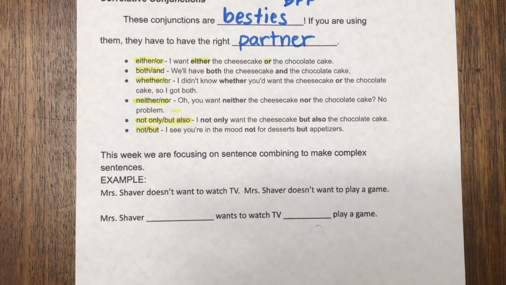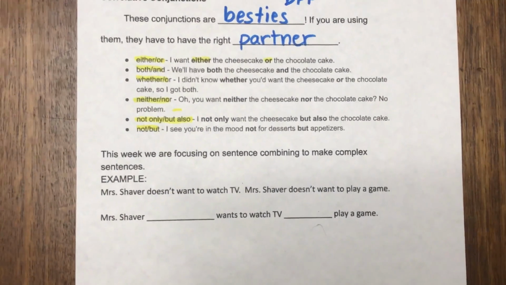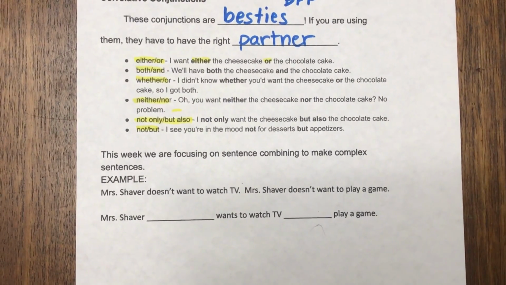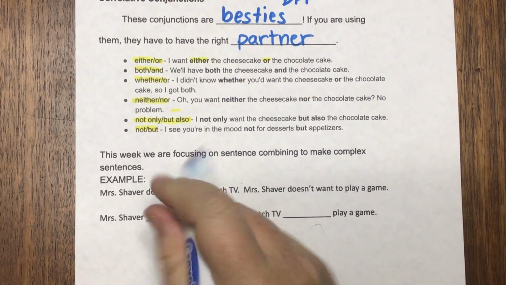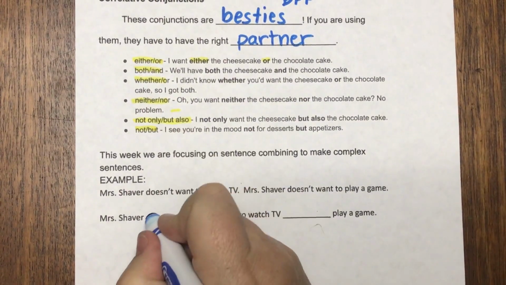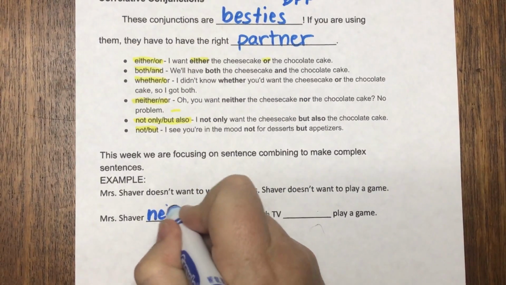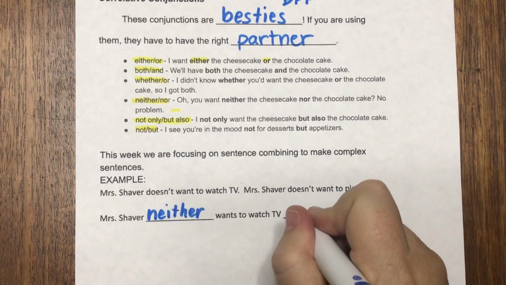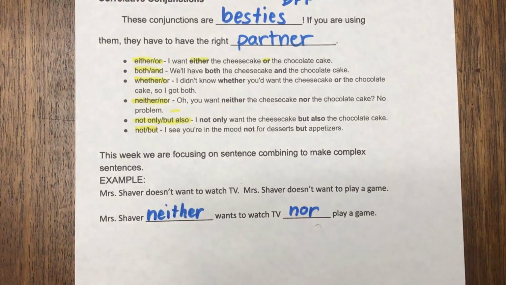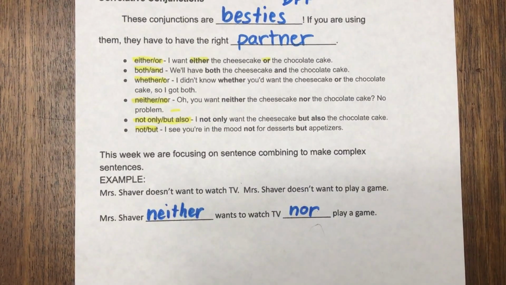Mrs. Shaver doesn't want to play a game. And then they'll ask, what's the best way to combine these two sentences? I'm going to use the negative one: Mrs. Shaver neither wants to watch TV nor play a game. Okay? So that's our focus this week in grammar.